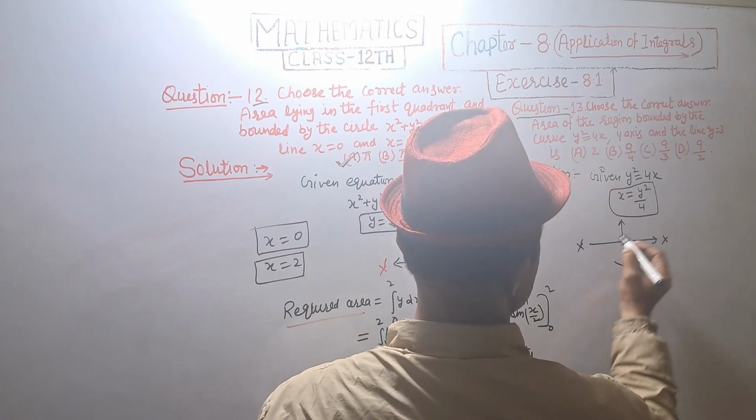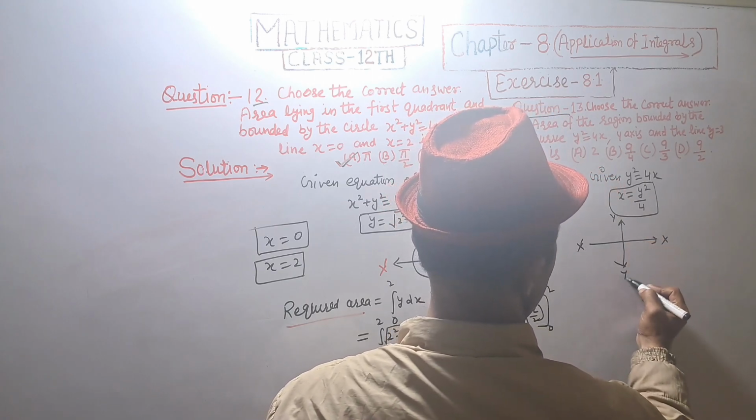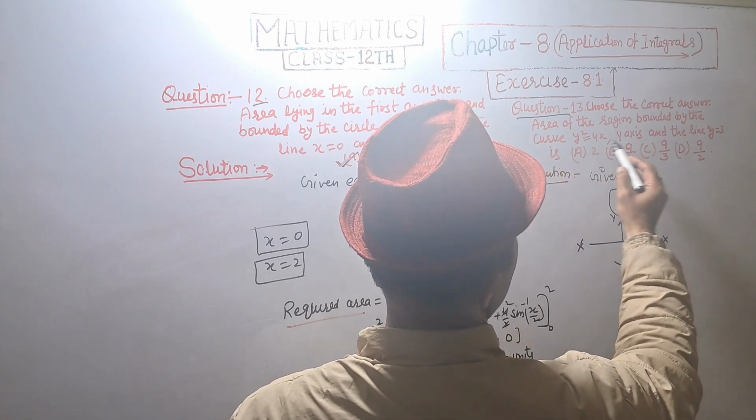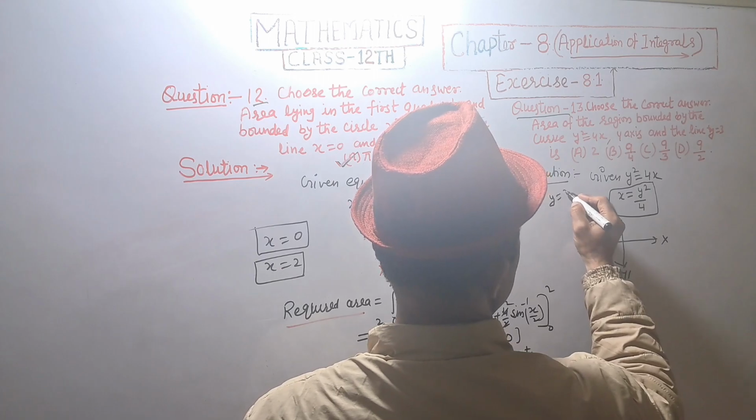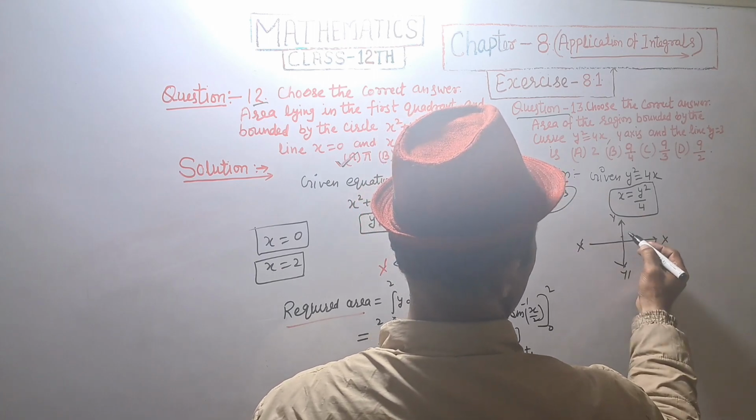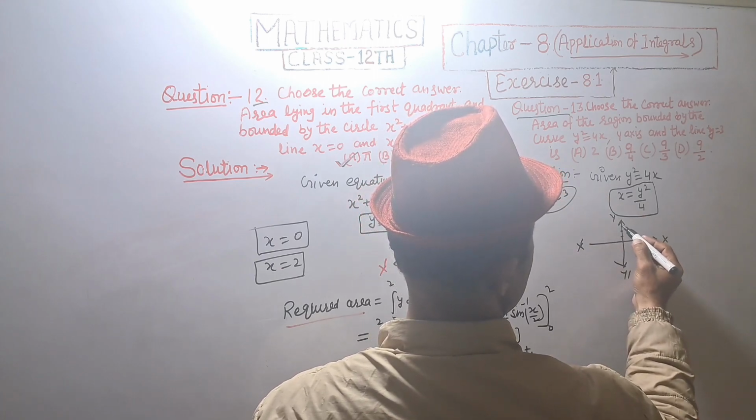X dash, y dash. Line y is equal to 3. 1, 2, 3.